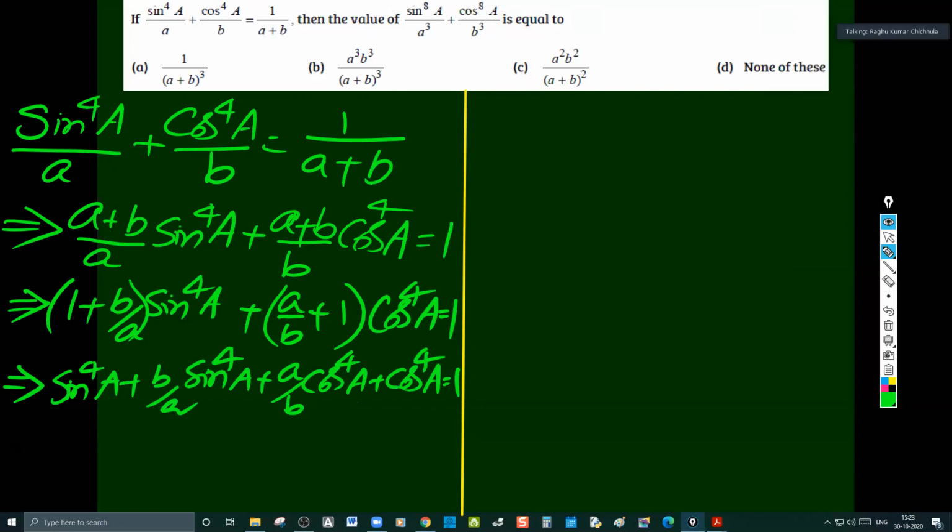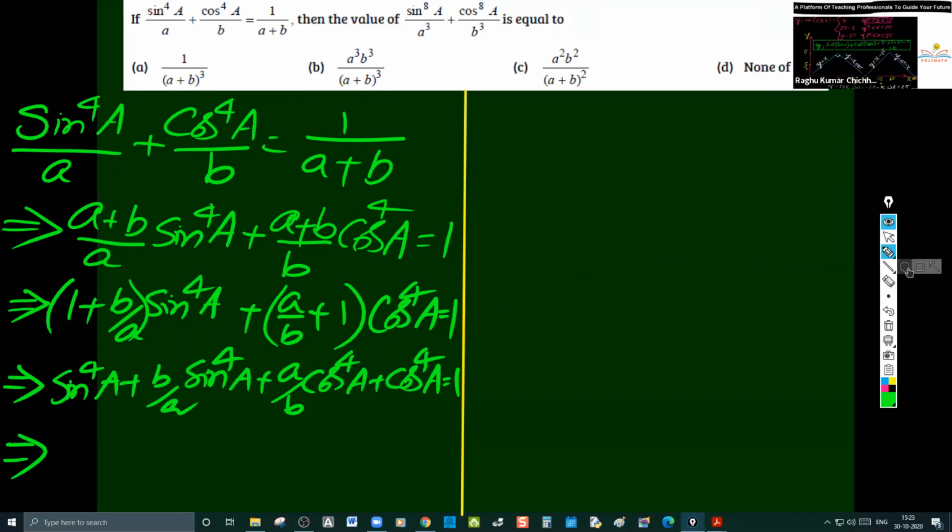What I'm doing, I have sine 4th plus cos 4th. Let me underline it so that you will understand in a better way. Sine 4th plus cos 4th is there. What I'm doing, I'm trying to write it as A square plus B square. A square plus B square can be written as A plus B whole square minus 2AB. So what I'm doing, I'm writing that directly.